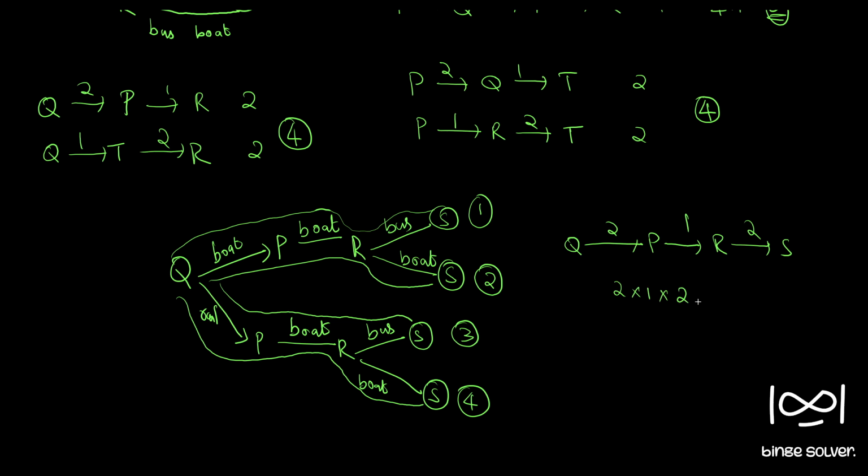So 2 into 1 into 2 is 4, which is the same as 1, 2, 3, 4. So this is how we get 4. If you are unfamiliar with such a process, that's why I explained. In questions like this, you can do 2 into 1 into 2, so you get the total number of possible paths. Okay, now moving on to the next question.